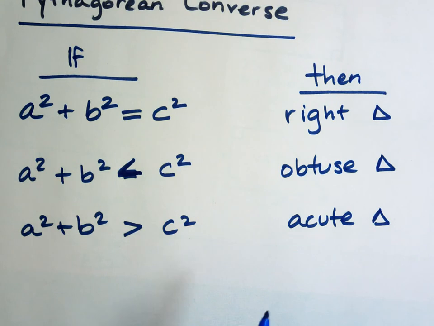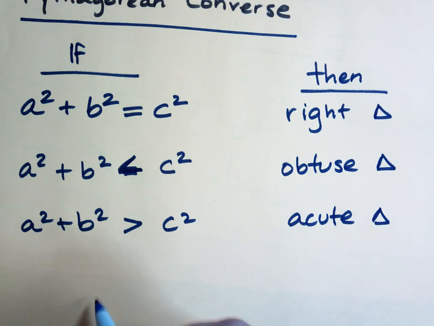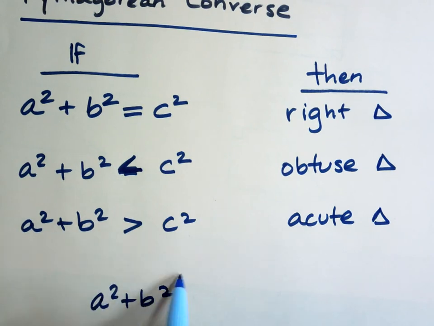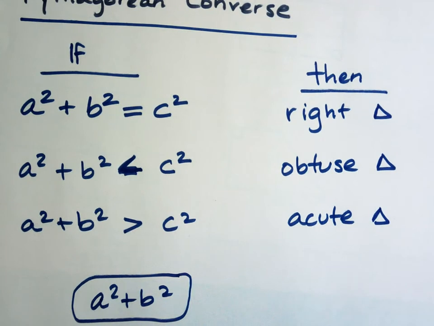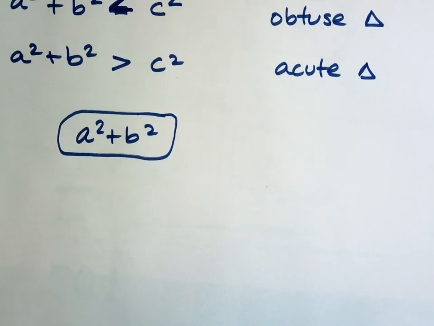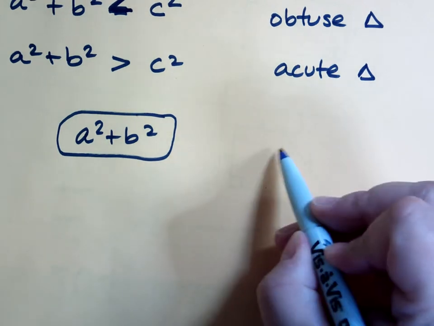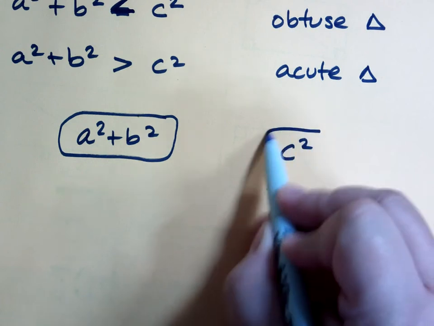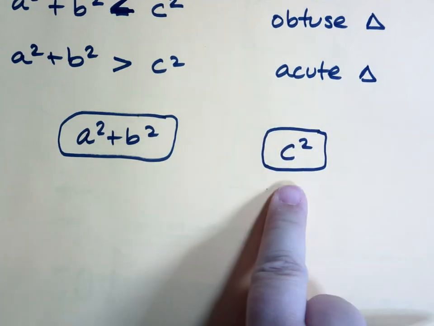So here's how I strongly suggest you look at this. Figure out what A squared plus B squared is. If you have three sides that are supposed to be a triangle, find your A squared plus B squared. Those would be the two smaller sides, squared and added. And then find your C squared and base your decision on C squared.